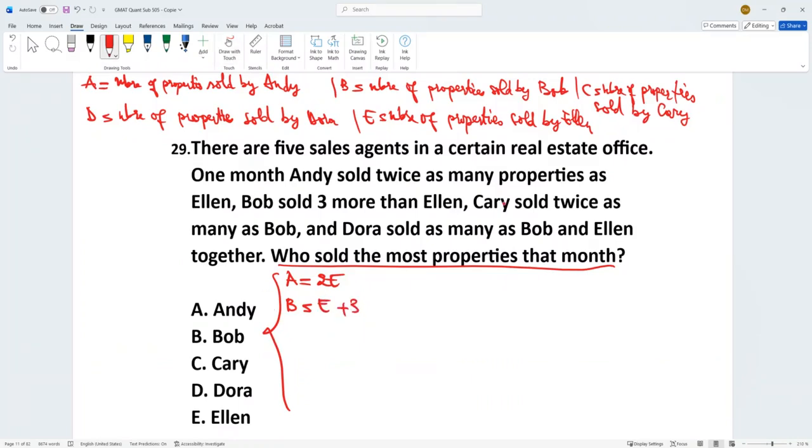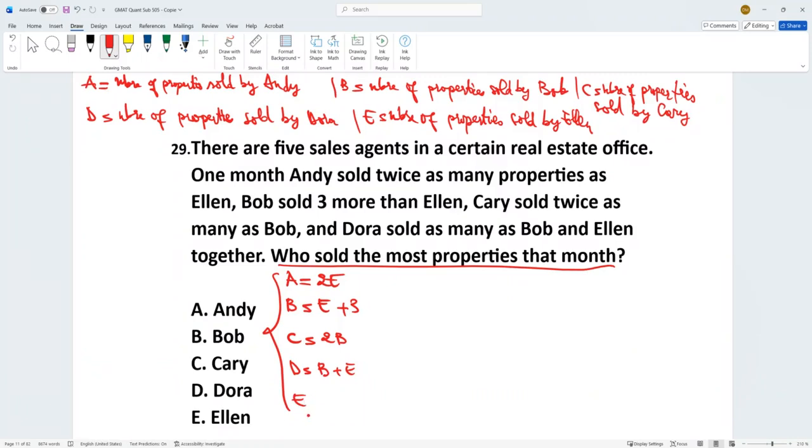And then it says Carrie sold twice as many as Bob. C is equal to 2B. And then Dora sold as many as Bob and Ellen. So D is equal to B plus E. And then we have E here.